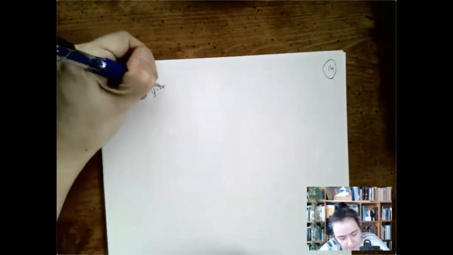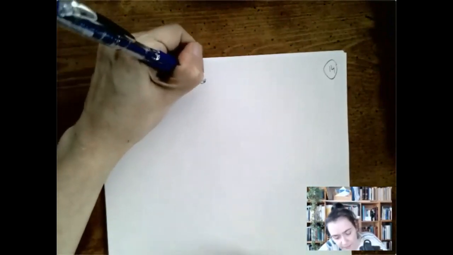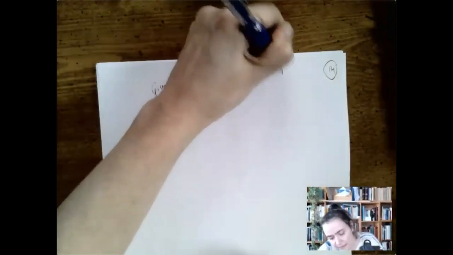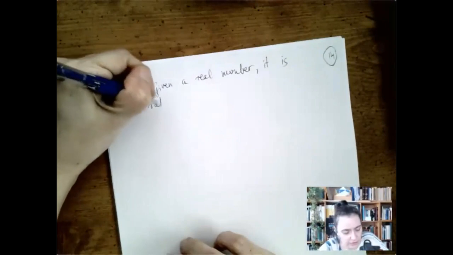What I want to say first is that if you're given a number, it's either rational or irrational. You cannot change its nature. But depending on whether it's rational or irrational, it's going to be much harder or much easier to prove it. So given a real number, it is rational or irrational.